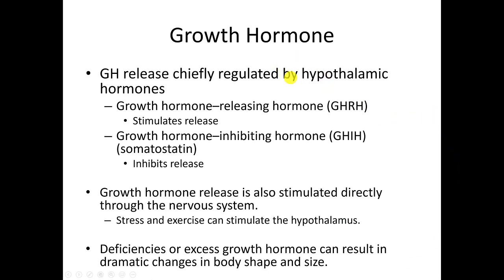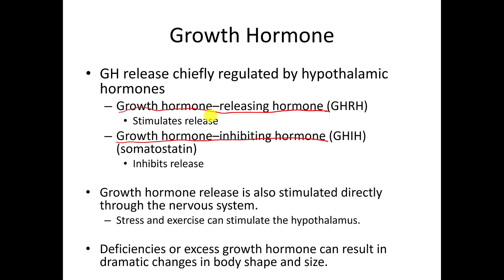Now remember, growth hormone release from the pituitary gland is regulated by the hypothalamus. Remember, the hypothalamus is always the boss. And the hypothalamus, I told you earlier, only releases two kinds of hormones. It will release a releasing hormone or an inhibiting hormone. That's it. And so when it comes to growth hormone, the hypothalamus releases a growth hormone releasing hormone or a growth hormone inhibiting hormone.